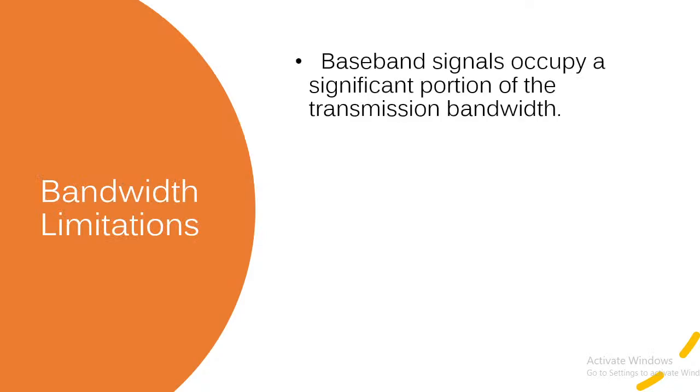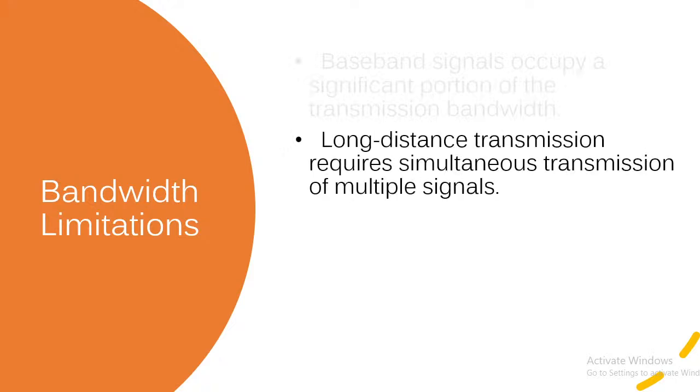Second is bandwidth limitation. The baseband signal occupies a significant portion of the transmission bandwidth. Why does it occupy a significant portion? The reason is it is of low frequency. Suppose you are working at 10 kilohertz.